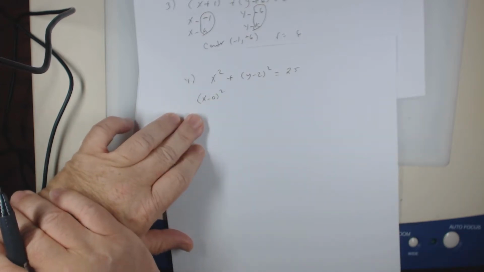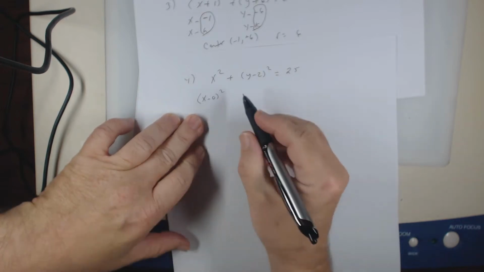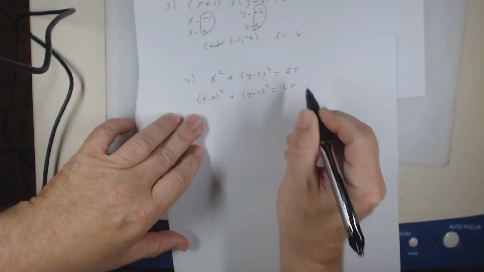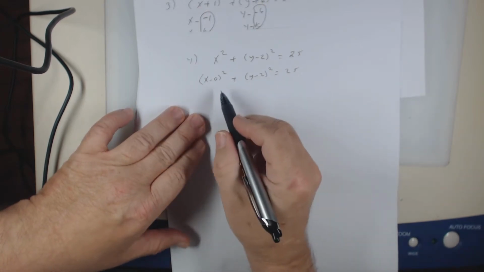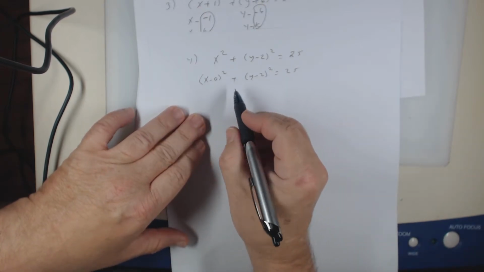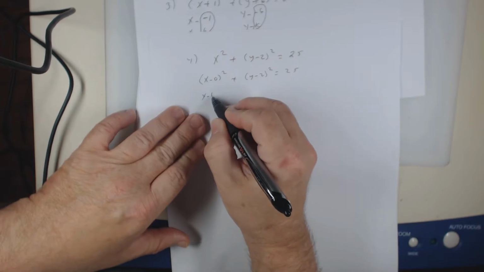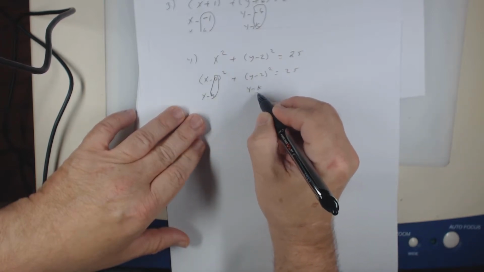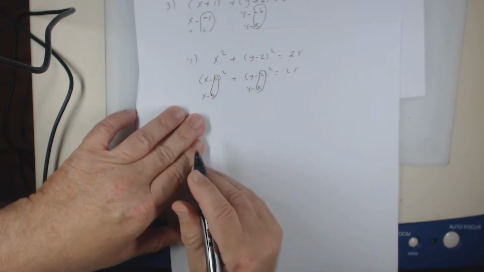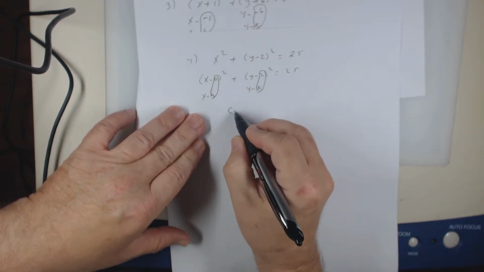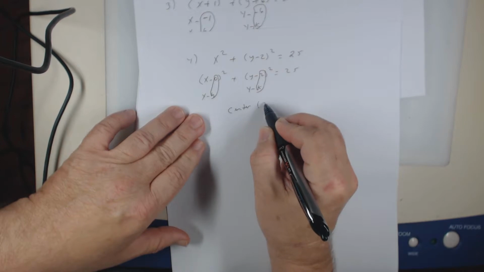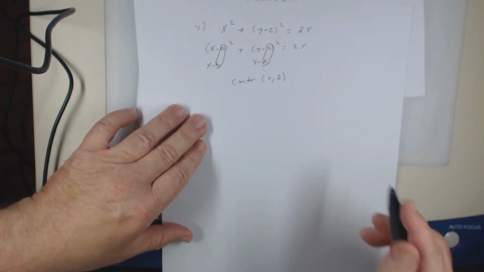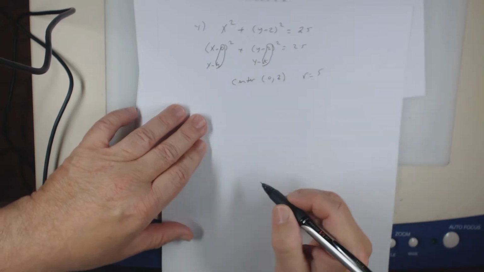Isn't x minus 0 the same thing as x? Okay. And then plus, and then just rewriting this. So now it's x minus, y minus. So therefore, h is 0 and k is 2. So your center is 0, 2, and the radius is 5.